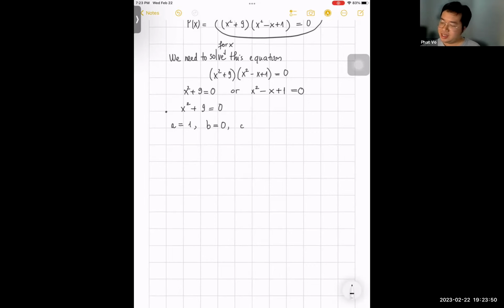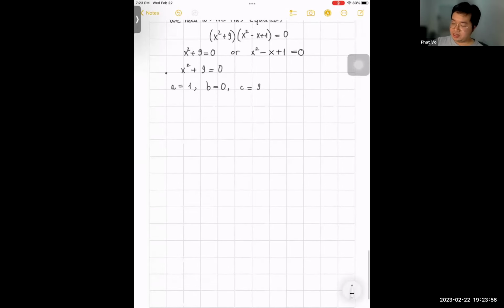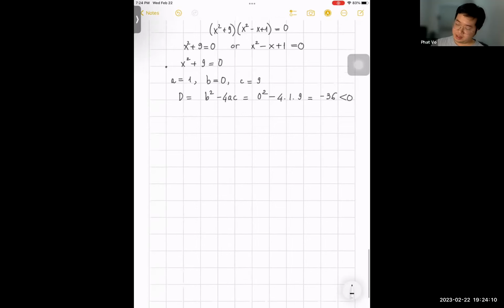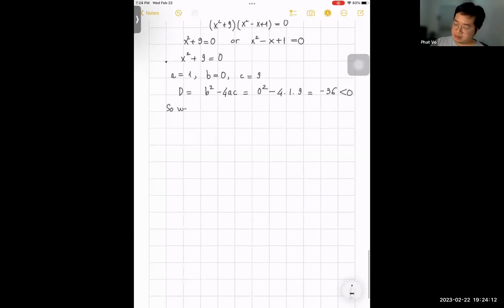Thank you, Chelsea. C here is 9. So the discriminant is b squared minus 4ac, so 0 squared minus 4 times 1 times 9. We get negative 36. It's less than 0, so we have two complex solutions.